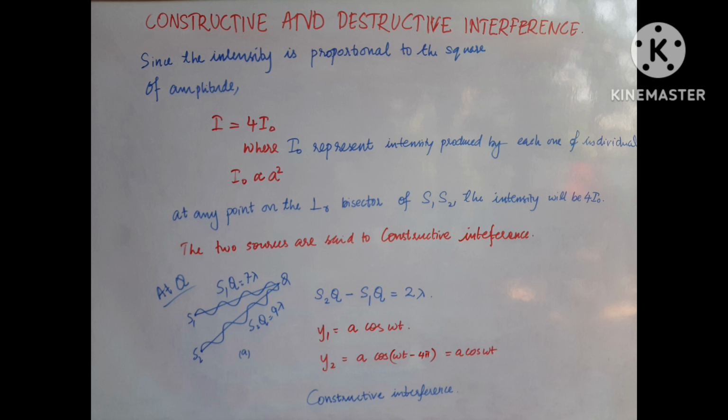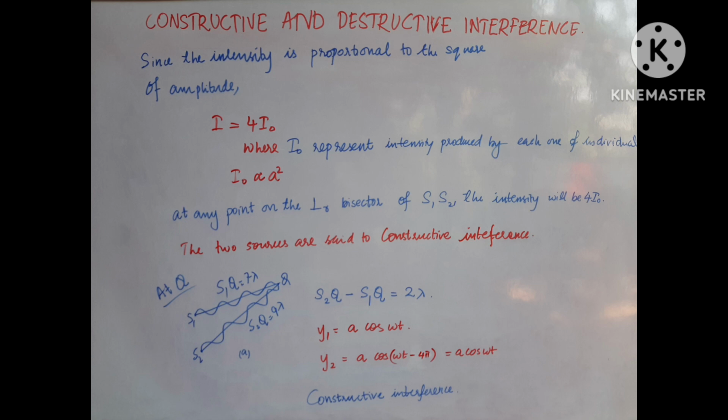When we consider a second point Q, here S1Q is equal to 7 lambda and S2Q is equal to 9 lambda. The path difference is 2 lambda, and we can write y1 is equal to a cos omega t and y2 is equal to a cos omega t minus 4 pi, which means it has a phase difference of 4 pi, because if there is a lambda path difference, it corresponds to a 2 pi phase difference. If it is a 2 lambda path difference, that is a 4 pi phase difference.